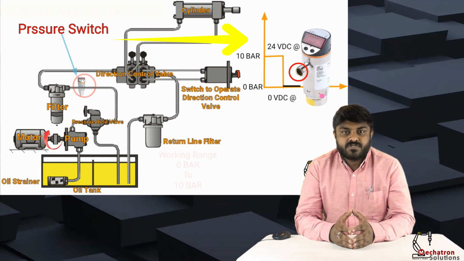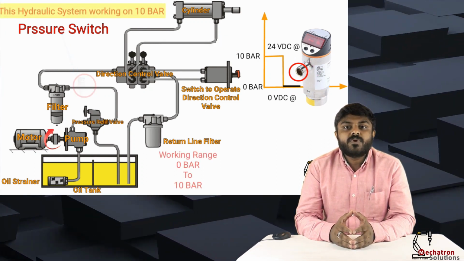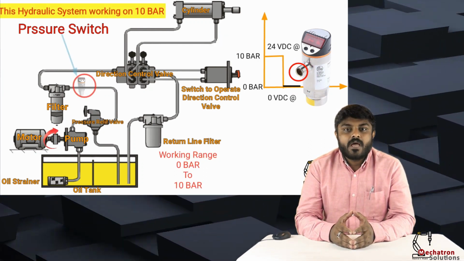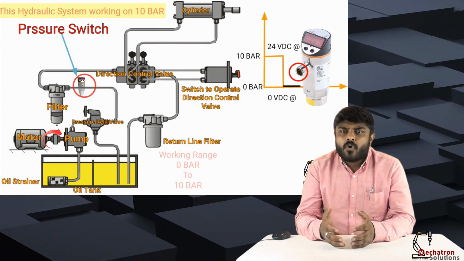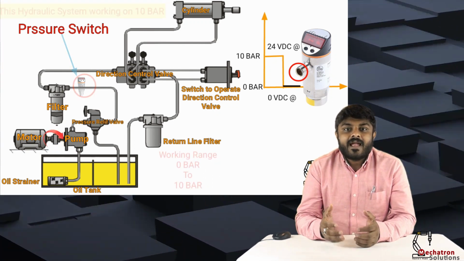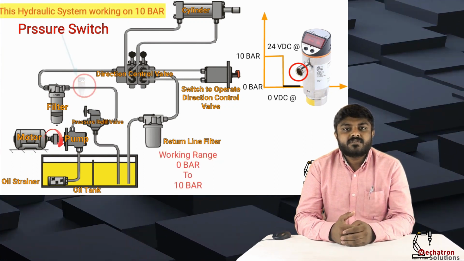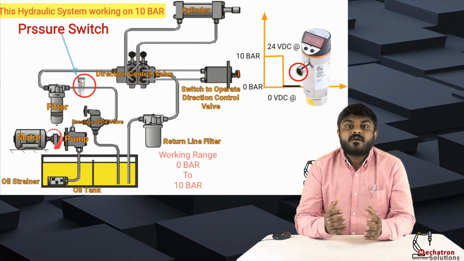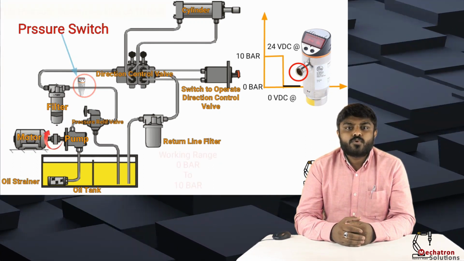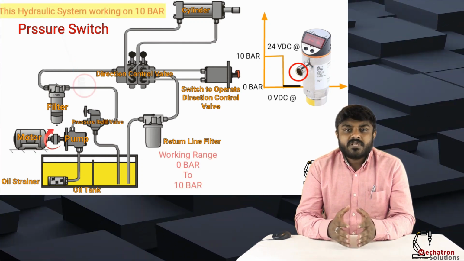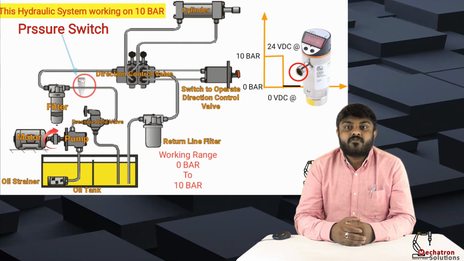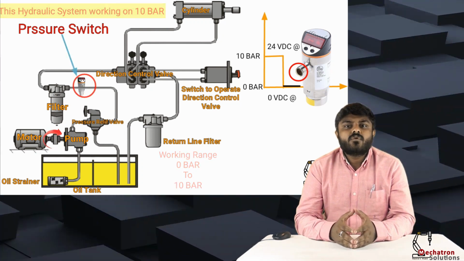If pressure goes below 10 bar, the pressure switch will not give any voltage at the output. The pressure switch will not give any voltage other than 24 volt or 0 volt at any other pressure.